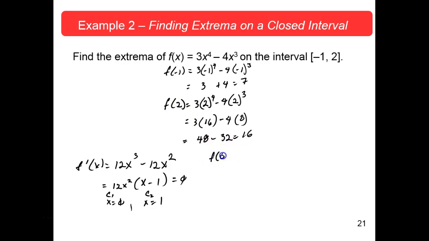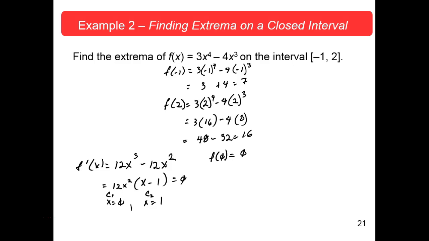So let's do f at 0. What does that give us? It sounds like a 0 to me. 3 times 0 minus 4 times 0. 0 minus 0 is 0, right?